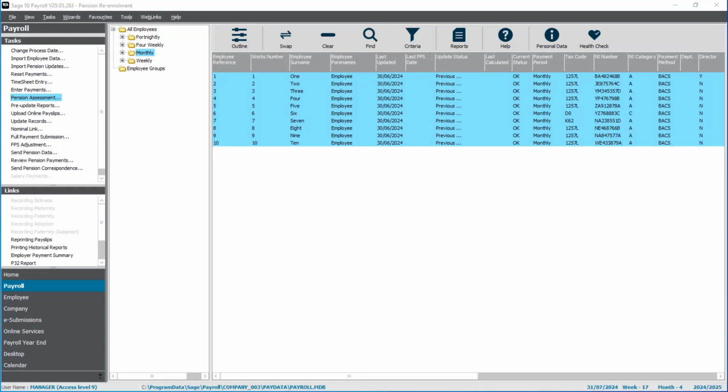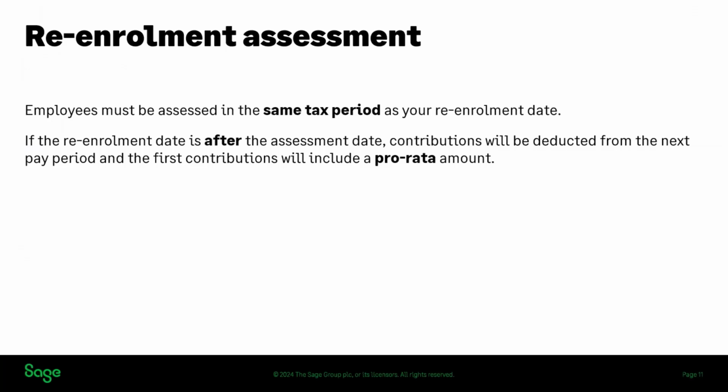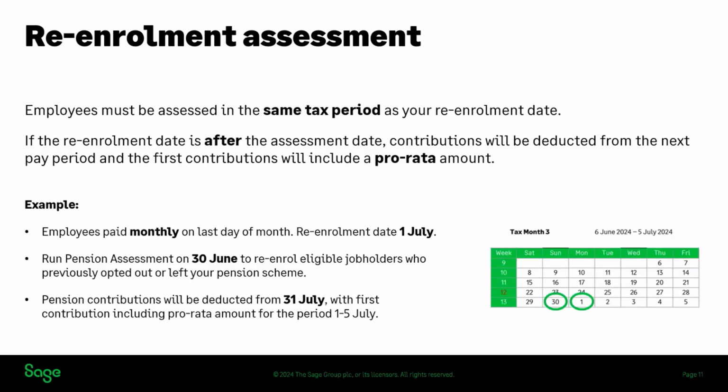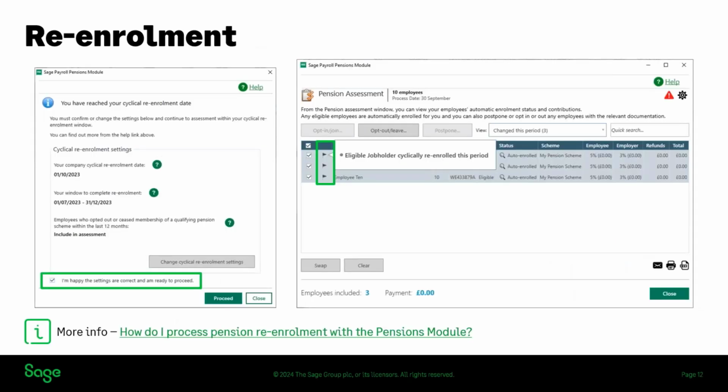So that's how it all works. Just to recap those steps once again. So that was the scenario that we just ran through. When you go into the pension assessment, that's when you're going to be told that you've reached your re-enrolment date and you've got that last chance to make any changes to your settings. If you want to delay it to later on in the window, you can do. Once you're in the pension assessment, you're looking for any changes this period.